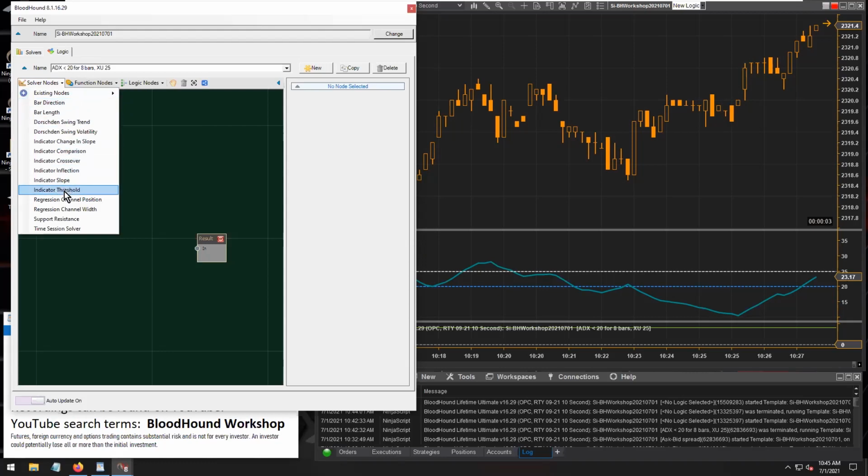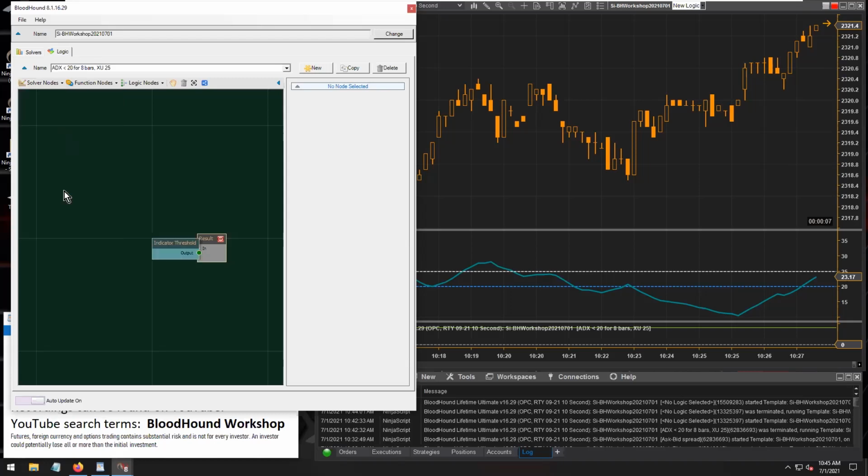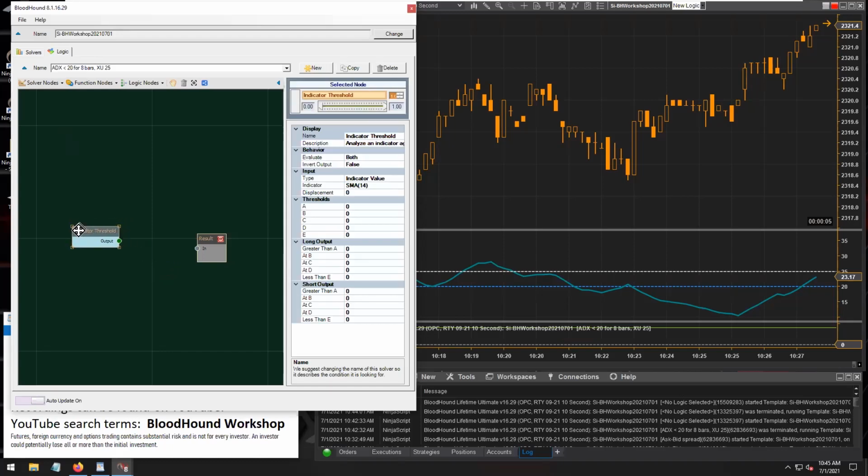And so we need the threshold, right? We want to identify when the ADX is below the 20 threshold level. So let's grab a threshold solver here. There. And so let's change our indicator input to the ADX.